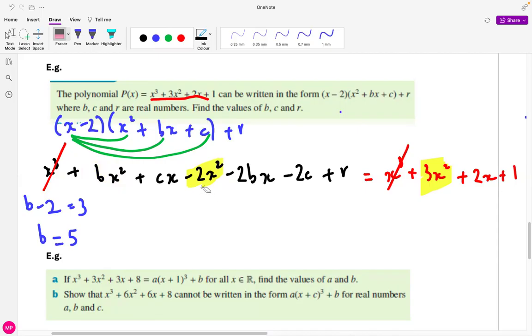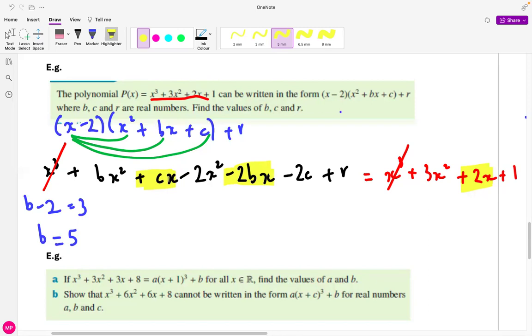Now I'm going to do the next term. Okay, so the next term is 2x. So I collect all the terms that have x: cx here, and negative 2bx here.